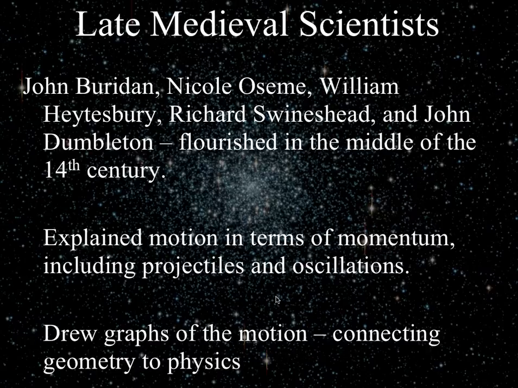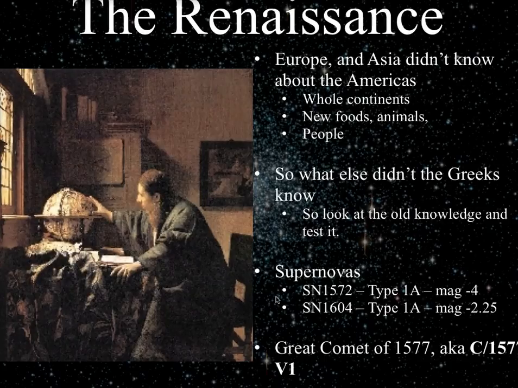Here is some late medieval scientists basically putting the kibosh on a lot of ideas that Aristotle had. And even the Greeks at Aristotle's time had problems with Aristotle, especially how things moved. So the next step that we typically go to is in the Renaissance.